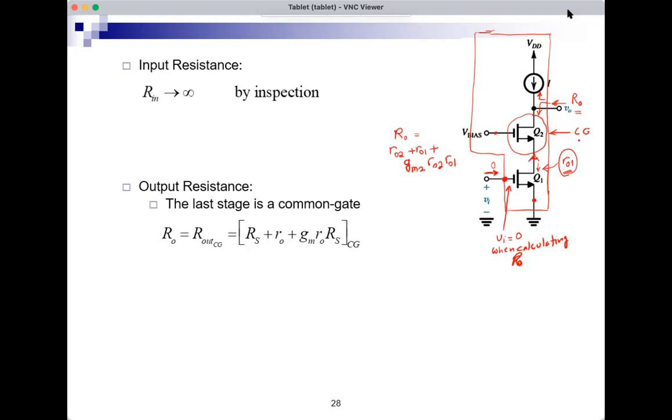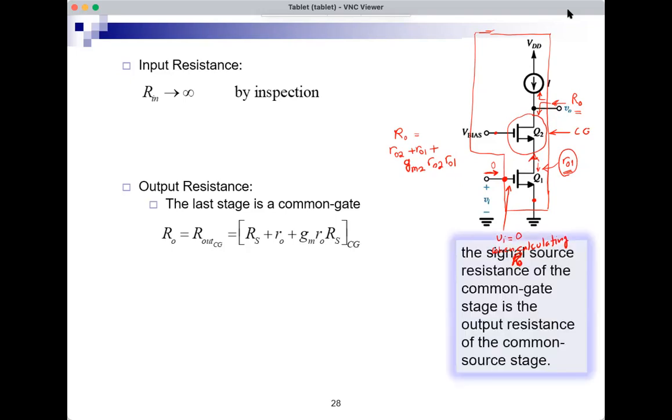And I get the expression for output resistance Rout of common gate with RS included, and I get the exact same thing. So the signal source resistance of common gate in this expression is the small RO1 of Q1. And of course, that's only one way to do it. The other way is to apply the rule. And I'll get the exact same result either way.